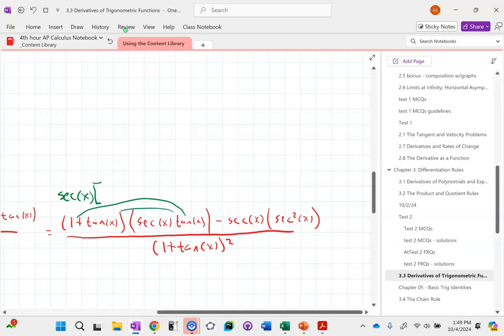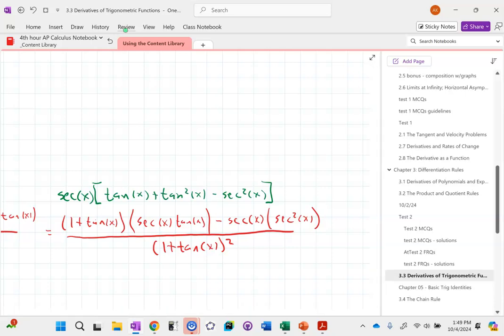So then I can distribute the tangent through the first set there. And then I'll have minus secant squared x. Is that okay with you guys? So far, so good?